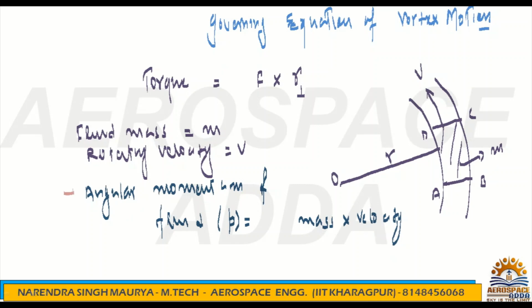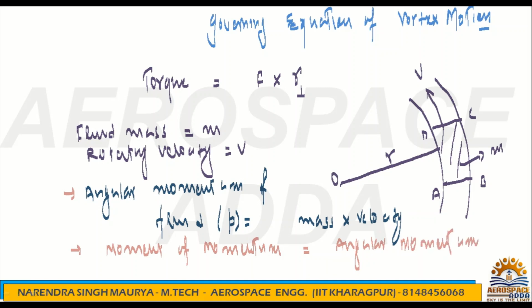Moment of momentum is the angular momentum into perpendicular distance, which is R. Like, a moment is a quantity into perpendicular distance.